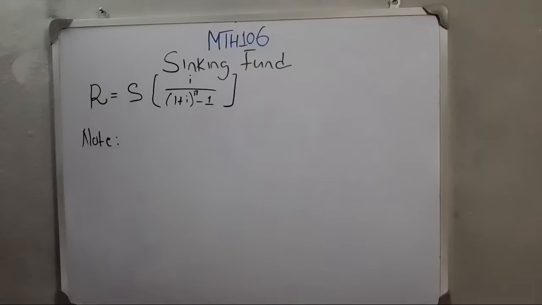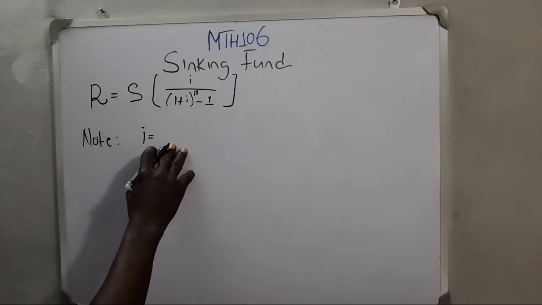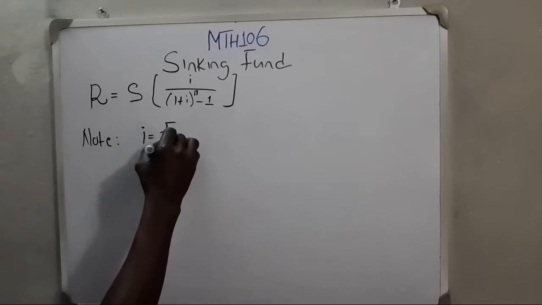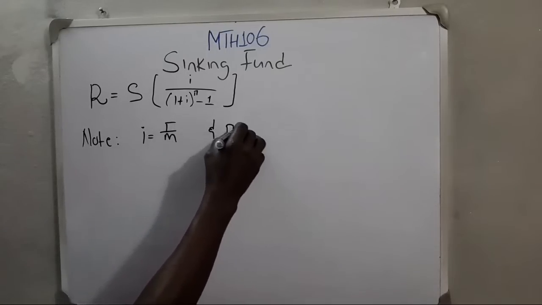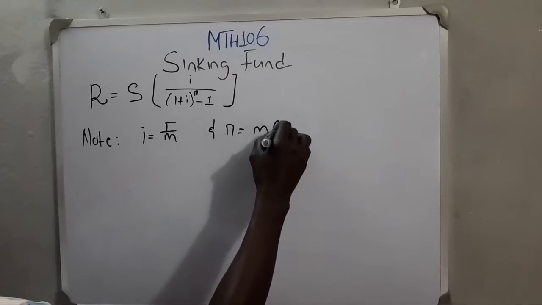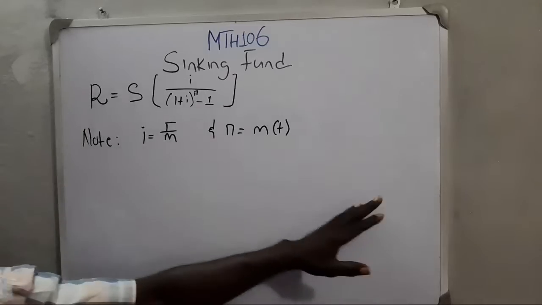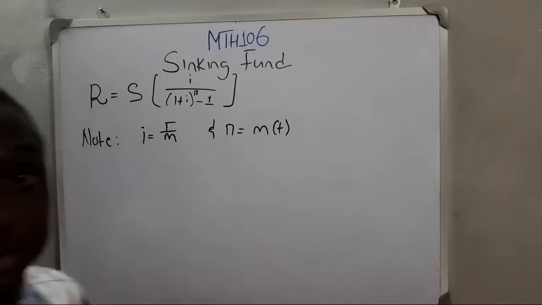So we have note that I equals R over M, and N equals M multiplied by T. These are the things to note about the sinking fund.